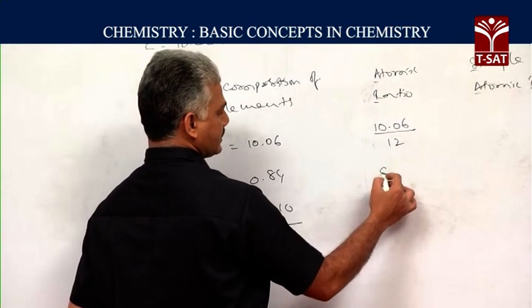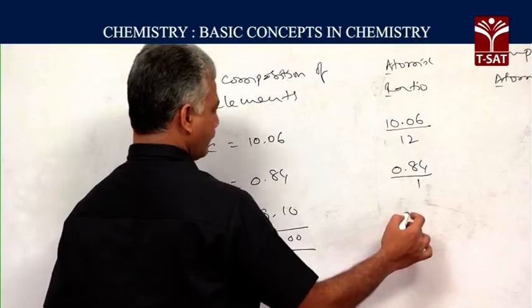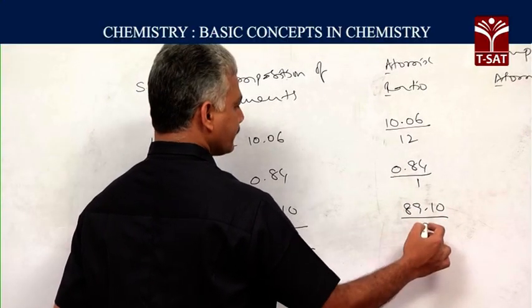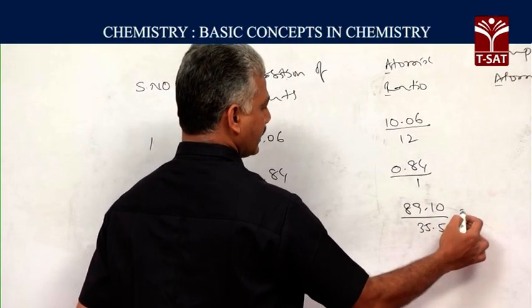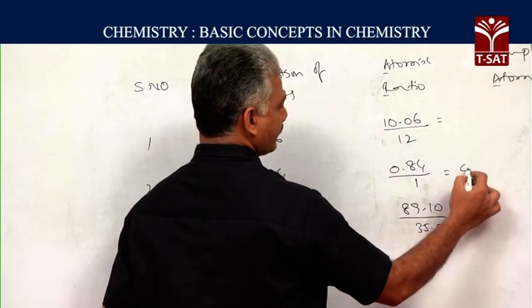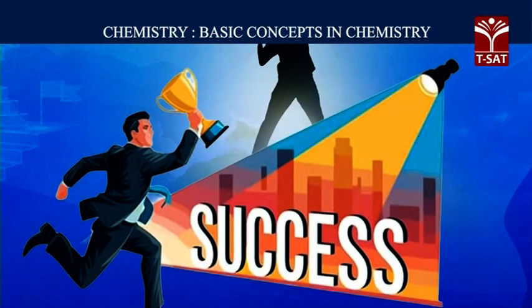That of hydrogen is 0.84 by 1 and that of chlorine is 89.10 by 35.5. 35.5 is the atomic weight of chlorine. On calculation, these values come out to the following.